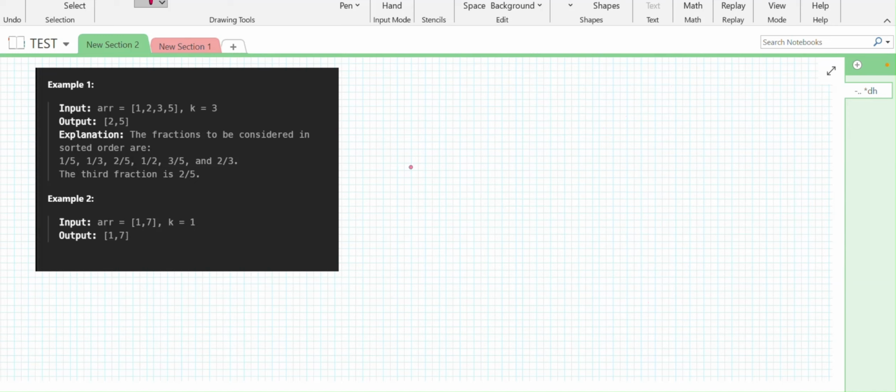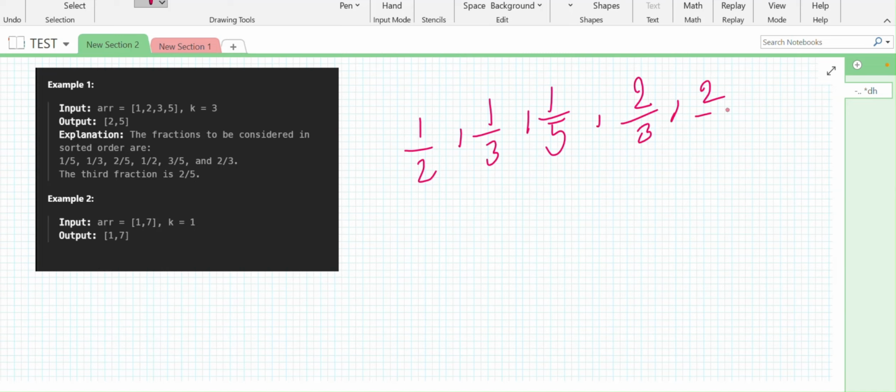In the first example, all prime fractions are 1 by 2, 1 by 3, 1 by 5, 2 by 3, 2 by 5 and 3 by 5. But what do we have to return? We have to return the third smallest prime fraction.